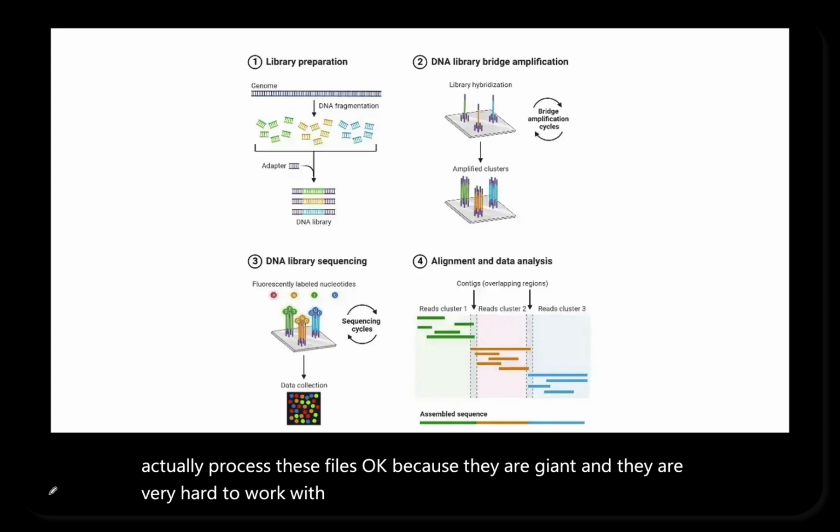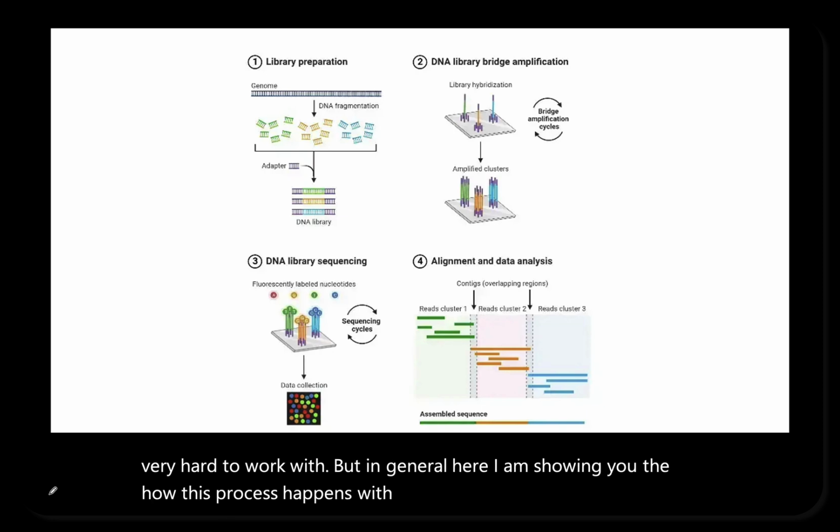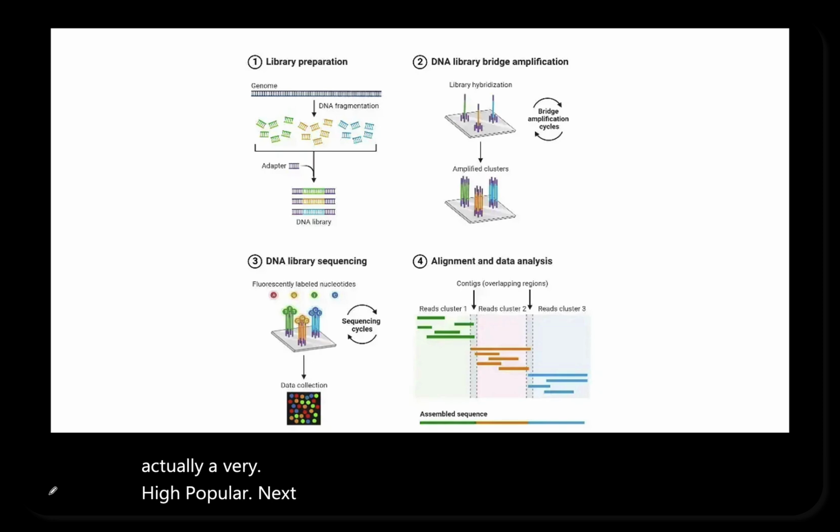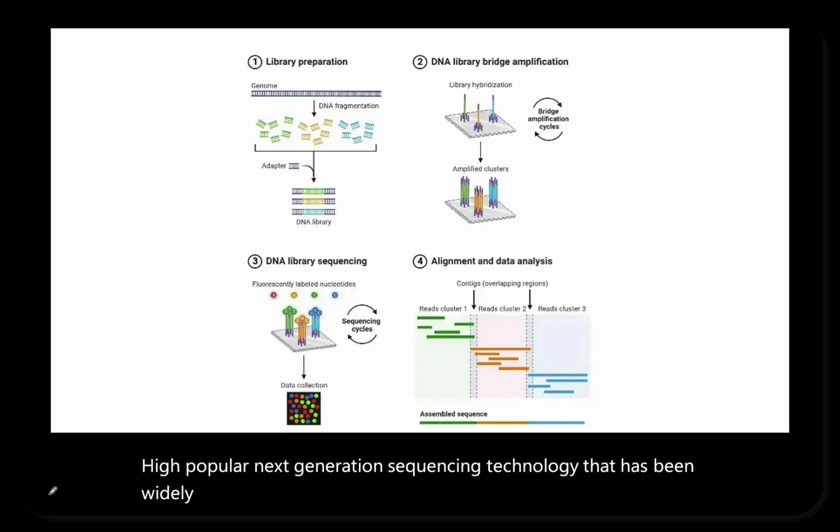But in general here, I am showing you how this process happens with the Illumina, which is one of the most used methods to sequence the DNA. So Illumina is actually a very popular next generation sequencing technology that has been widely used for DNA sequencing applications, okay?